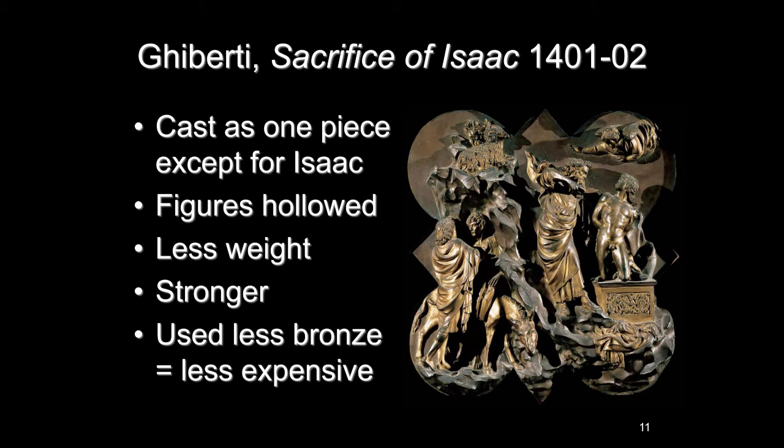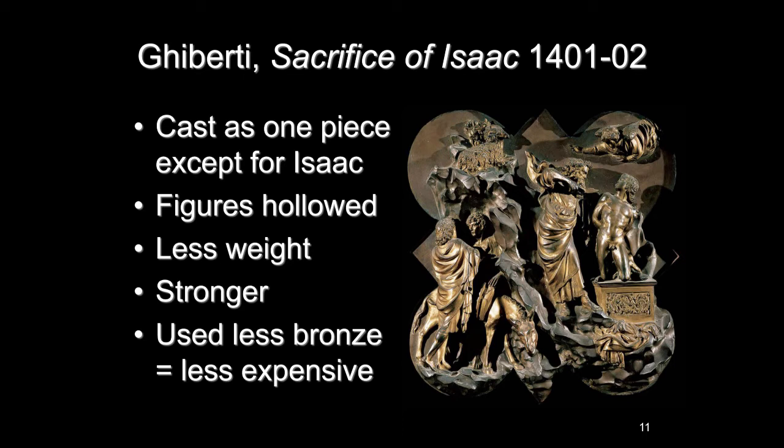Now, Ghiberti's casting technique was different than Brunelleschi's. The entire relief was cast as one piece, except for the figure of Isaac. Isaac is a solid figure that was cast separately and then attached to the background.